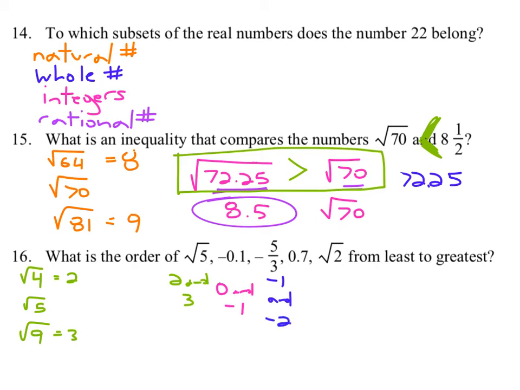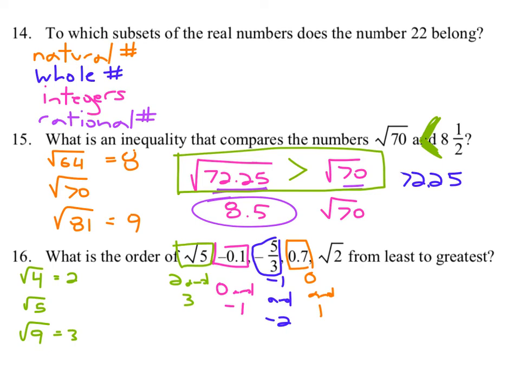0.7 is between 0 and 1. And I should probably mark the numbers that go along with the things that they're between, right? This one's between that and that, and this one's between that and that.